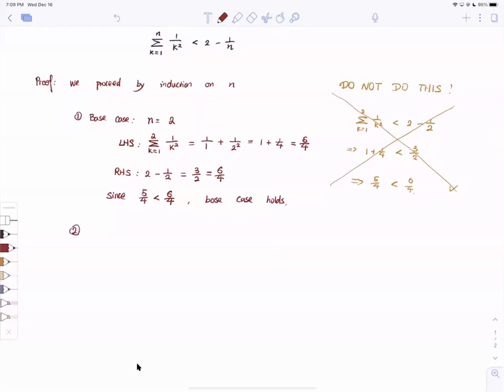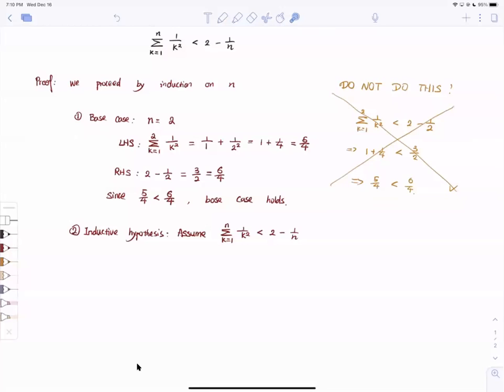My second step is the inductive hypothesis. So I'm going to assume this inequality holds: the sum from k equals 1 to n of 1 over k squared is less than 2 minus 1 over n.